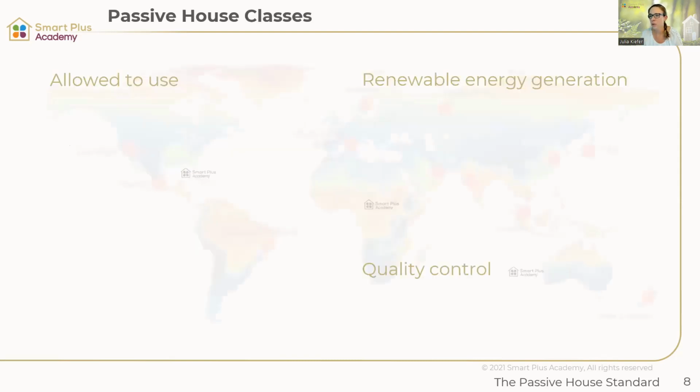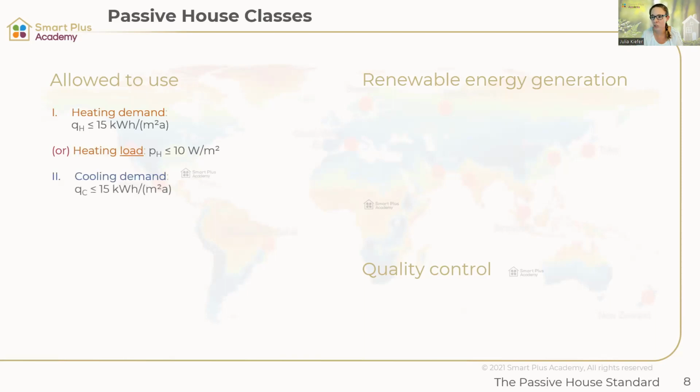Good. Now, the last thing I want to talk to you about today is our Passive House classes. Because there's not just one class in the standard, there are different ones. We've already learned what we're allowed to use in our Passive House in energy. So we're allowed to use a certain amount of energy to condition our buildings. It's not a zero energy home. Just want to clarify that quickly.